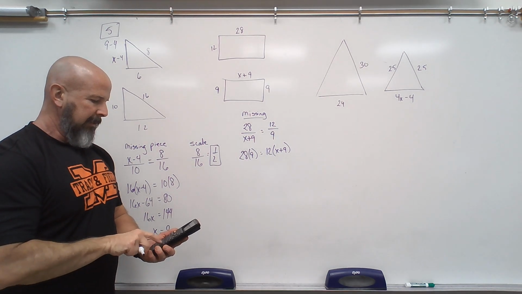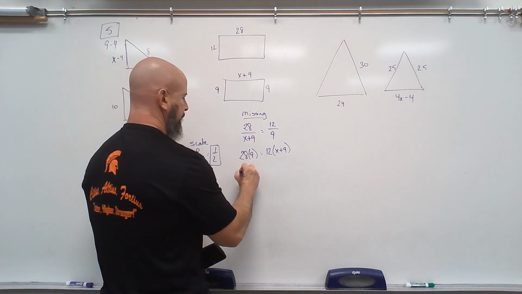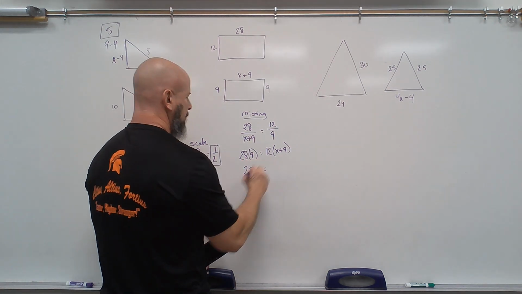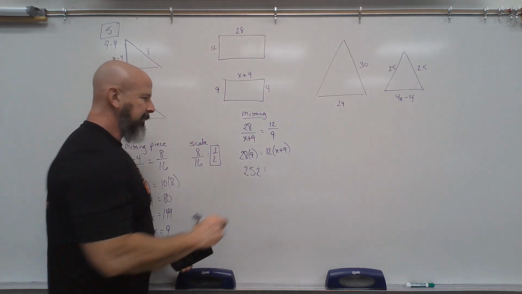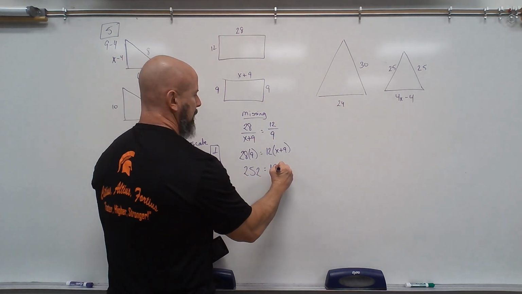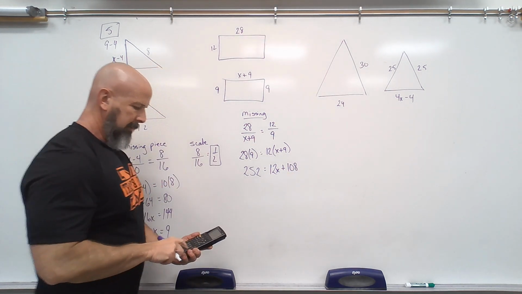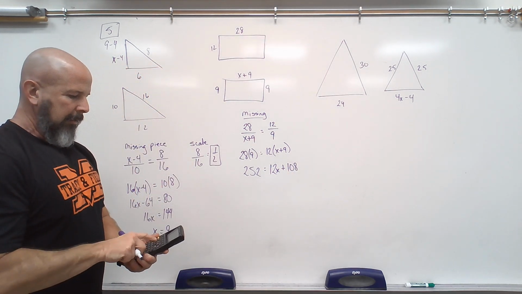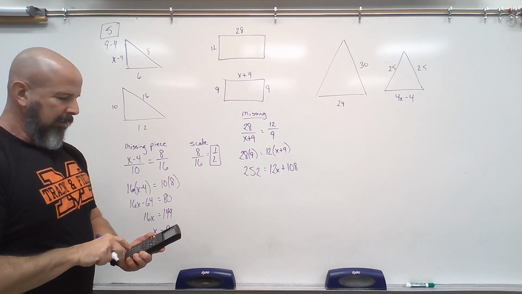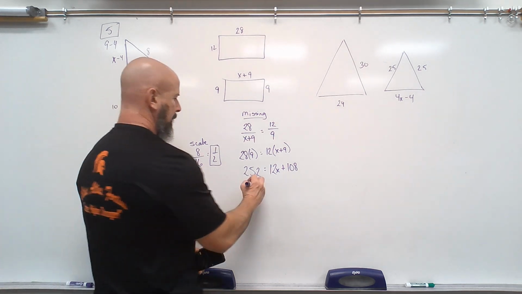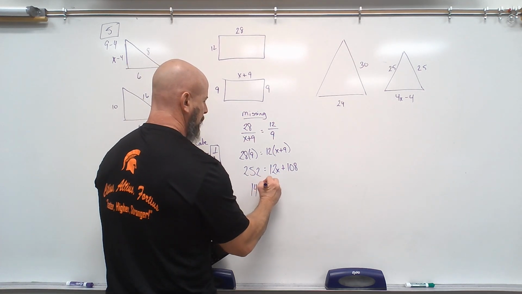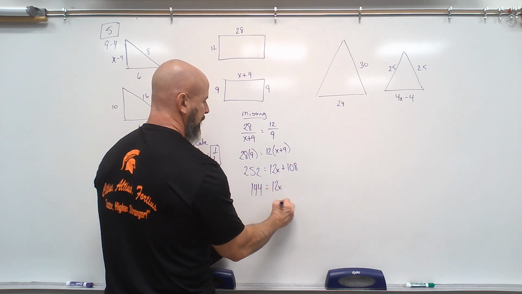28 times 9 is 252. There's some bigger numbers here, but we have a calculator. Equals 12x plus 108. I'll subtract my 108 from both sides. That'll give me 144 equals 12x.